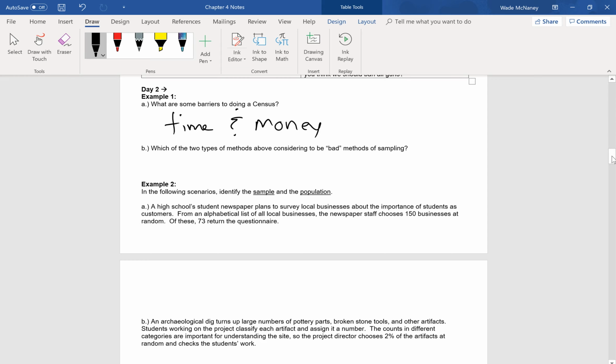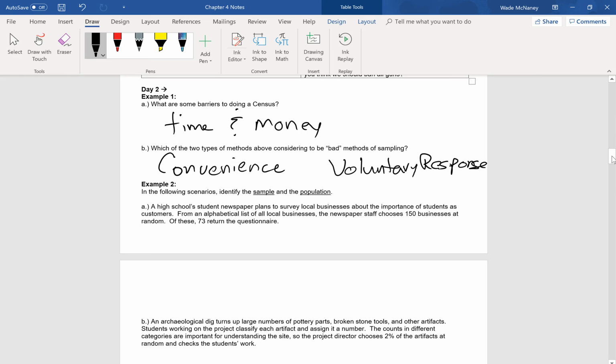Example B. What 2 types of methods above are bad methods of sampling? If you haven't already guessed this, convenience sampling is bad, and voluntary response. Convenience sampling is bad because you're not getting a representative group. You're just getting whatever's close to you at that particular time, and you're not going to be representative of the population.